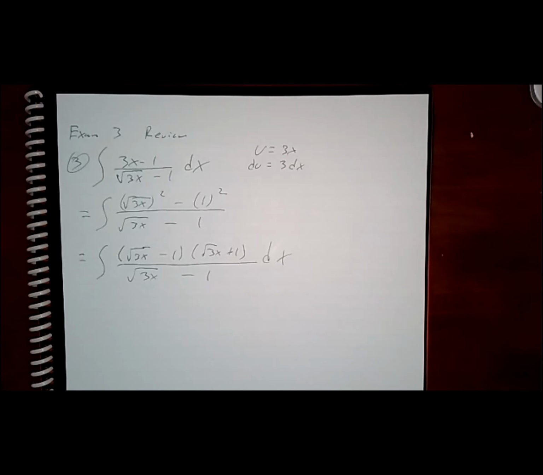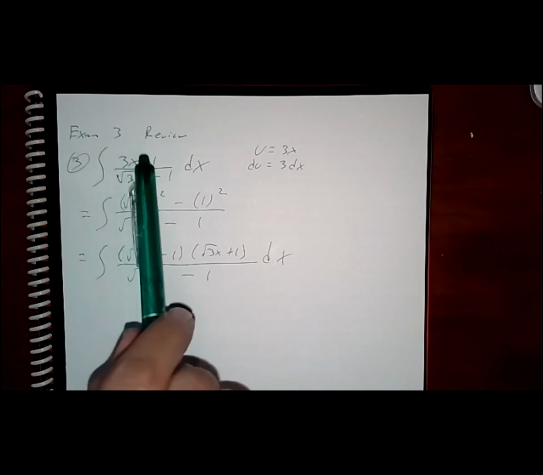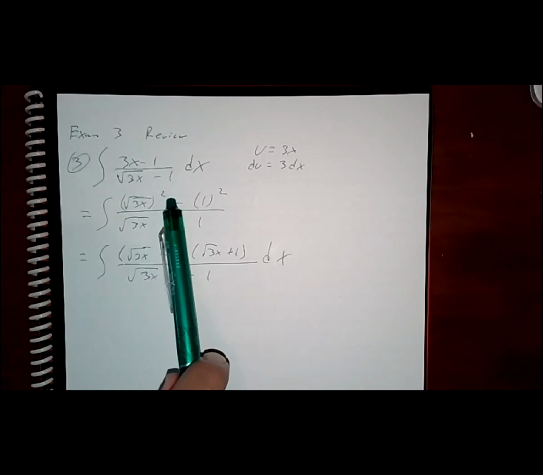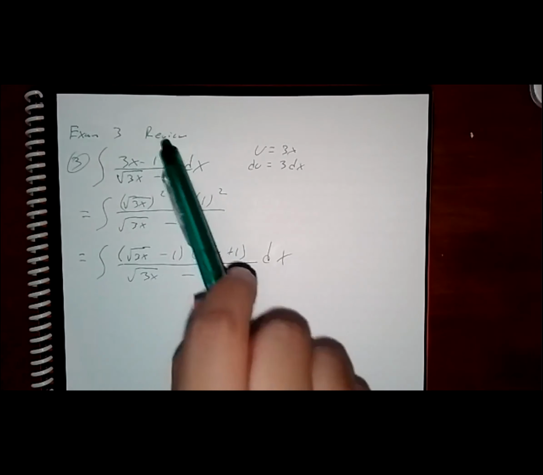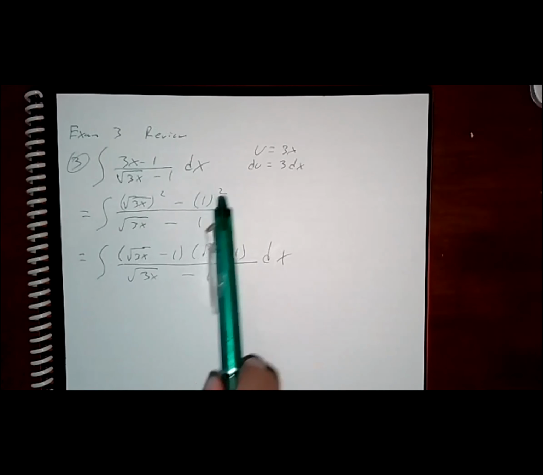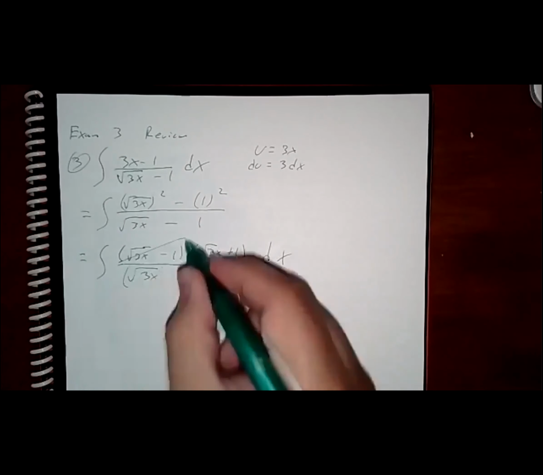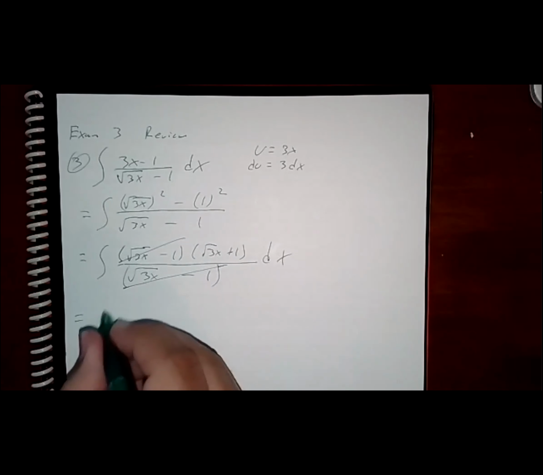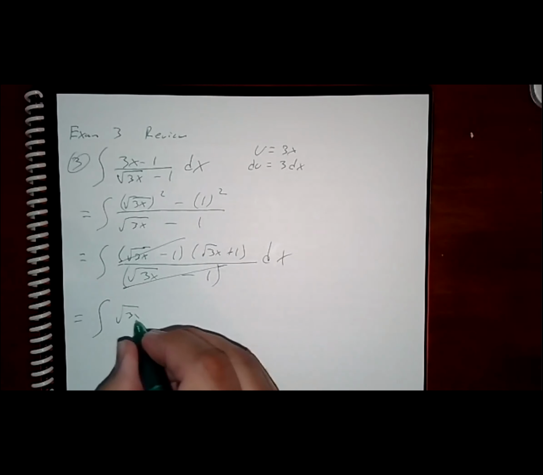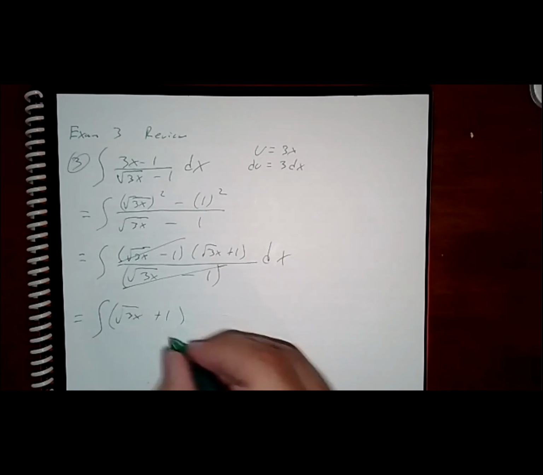Right, because this right here is the same as the square root of 3x squared. And 1 and 1 squared are the same. So then you can do difference of squares to get this. So then you can cancel this guy. So now you have an easy integral. Isn't that weird?